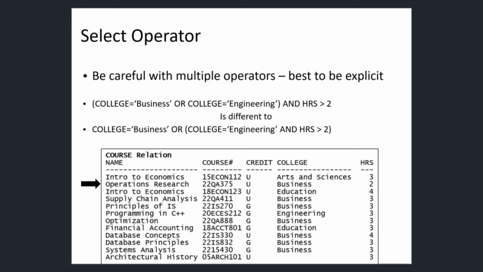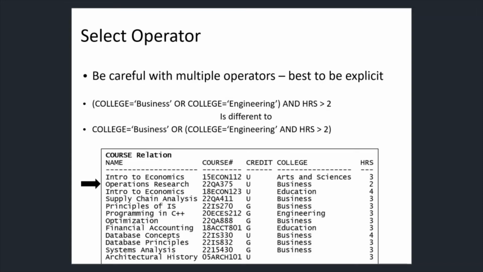But we do need to be careful with multiple operators. On the previous slide, we used this first example, (college business or college engineering) and hours greater than 2. That is different from the second example, where we say business or (college engineering and hours greater than 2). In the first example, we do eliminate the operations research course because we've applied the hours greater than 2 requirement to both of the conditions in the parentheses.